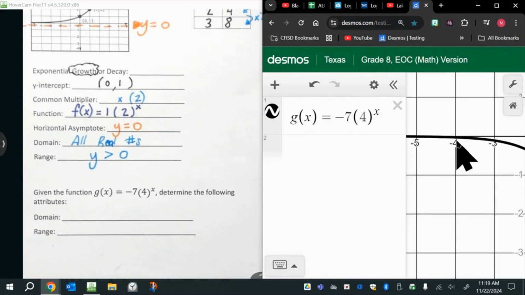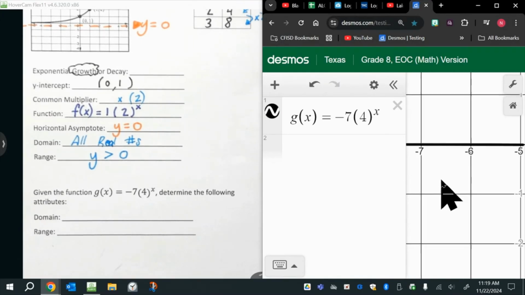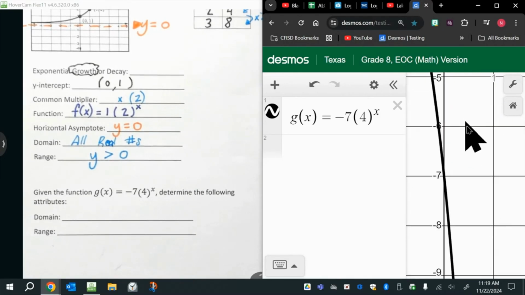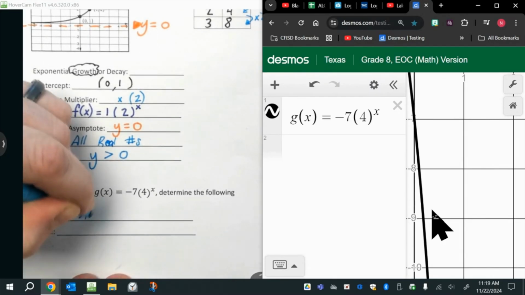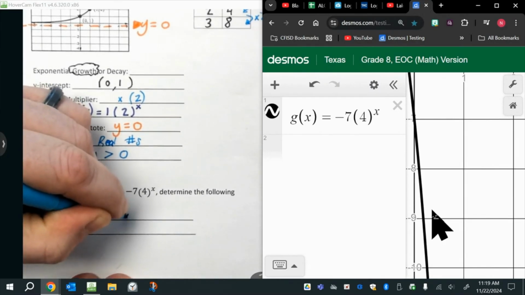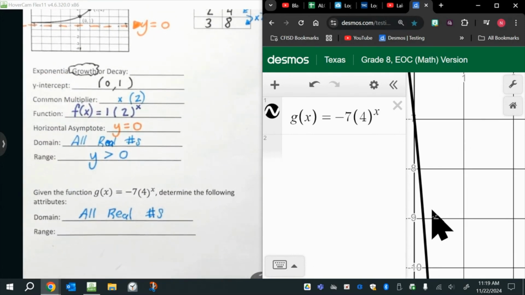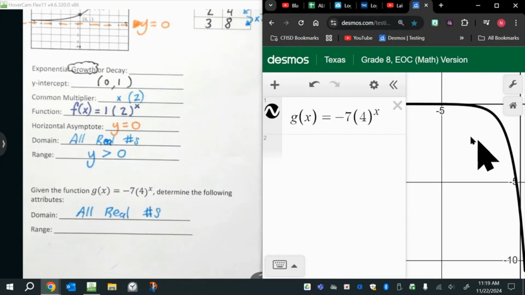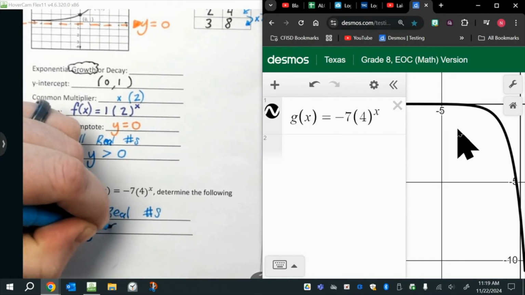What do you notice? Well, this line is still going to go left forever, okay? And it's also going to go right forever. It'll keep going right forever. So my domain is still the same as it was on the other problem. So it's still all real numbers. However, this time, all of my y values are strictly less than 0.